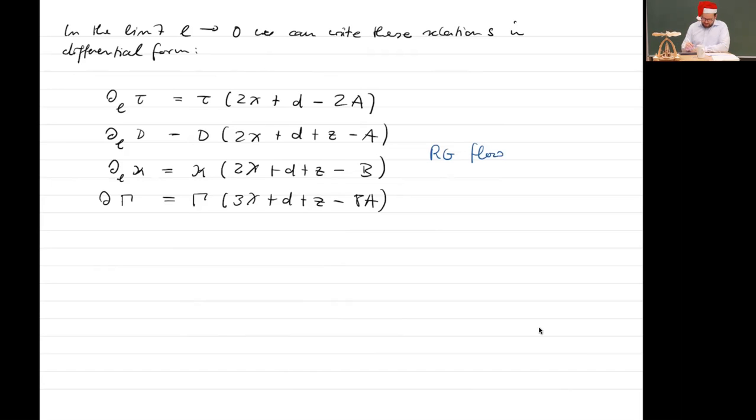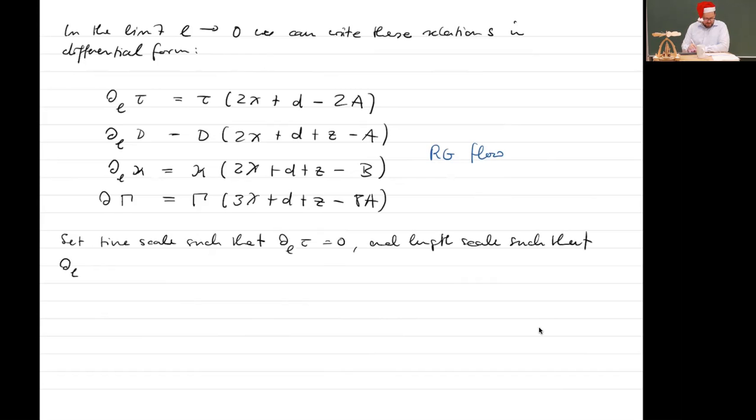We set the time scale such that del L tau is 0, and the length scale such that del L d is equal to 0.